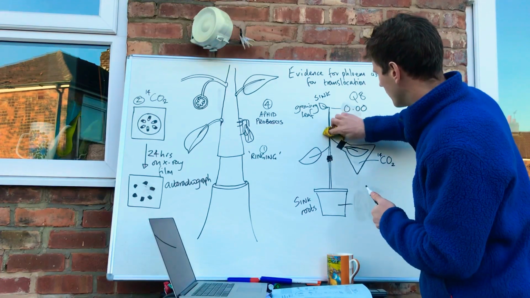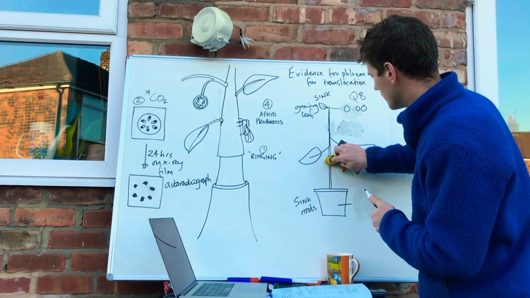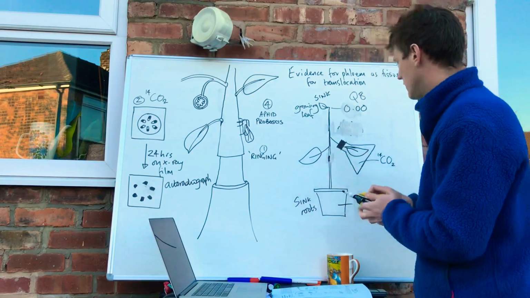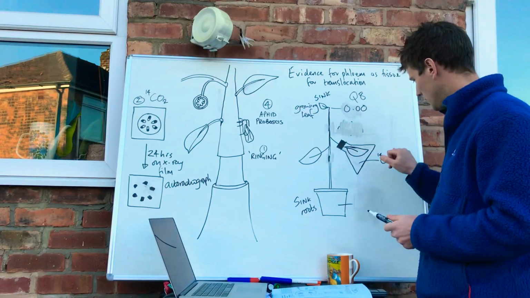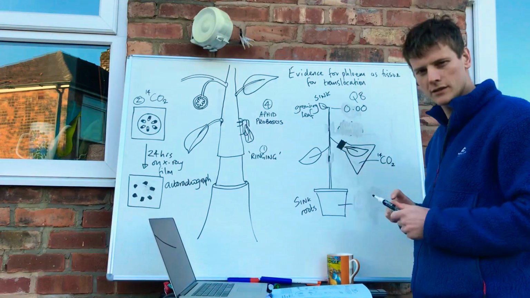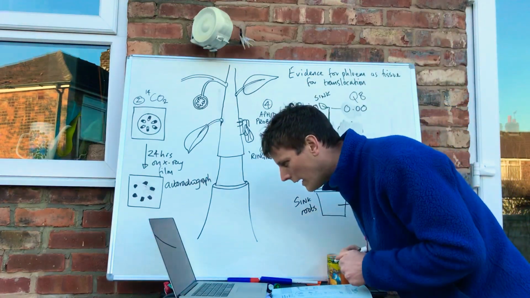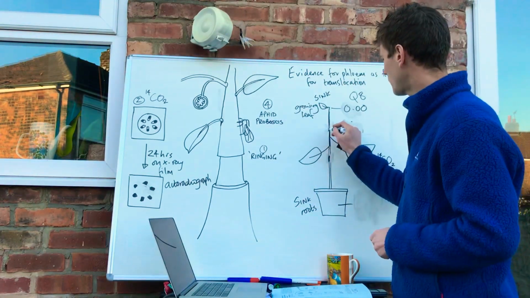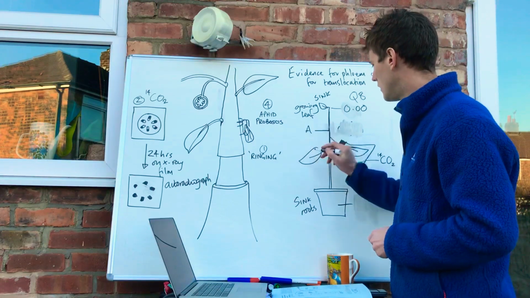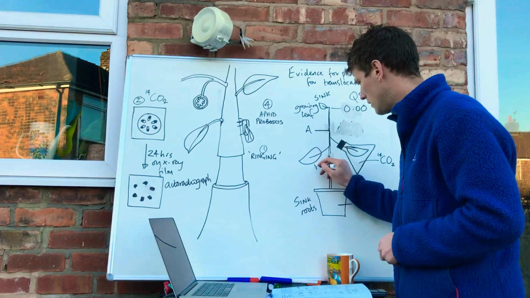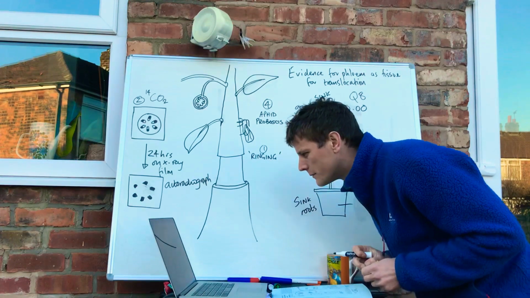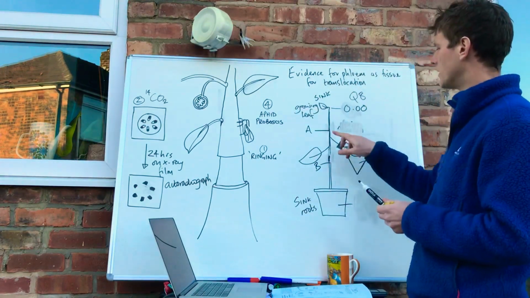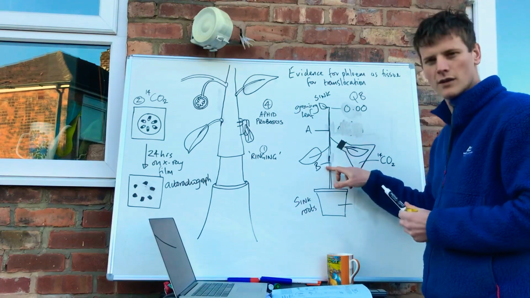So no ringing, but again, a radioactive isotope of carbon in carbon dioxide has been included, and it asks for an explanation of how radioactive substances reached position A and position B.